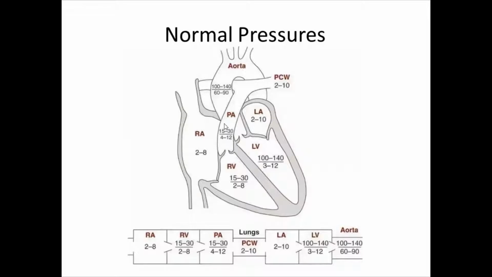It's the same as the pulmonary artery, LV, and aorta: phasic, systolic and diastolic. The atria have a mean, and the pulmonary capillary wedge pressure has a mean. You have to keep the normal values at the back of your mind, as this will help you in interpreting your findings. So let us start with right heart catheterization.